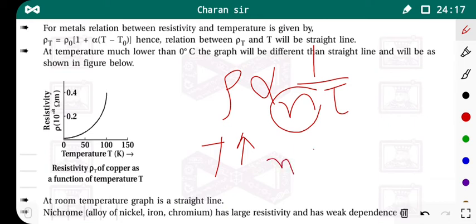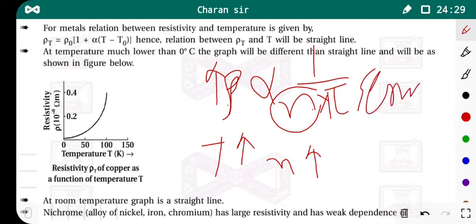So n is increased, and when n is increased, rho is decreased, because rho and n are inversely proportional. This is for semiconductors and insulators.